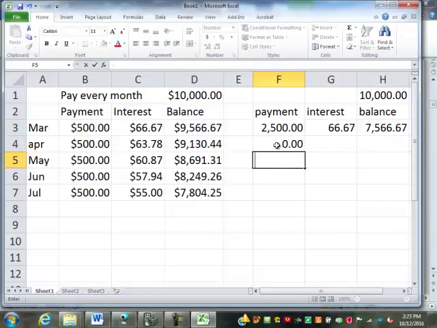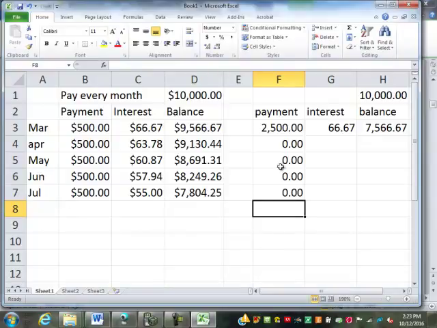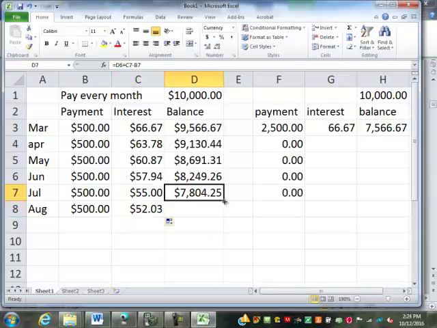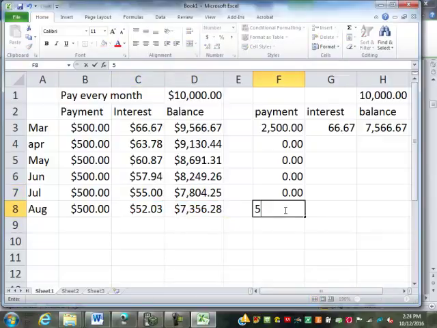Now, we're not going to pay anything then until August. Well, I guess we do have to add August to this. I should have stopped at June and only did 2,000. That's okay. So in August, then we'll go back to making our regular $500 payments.